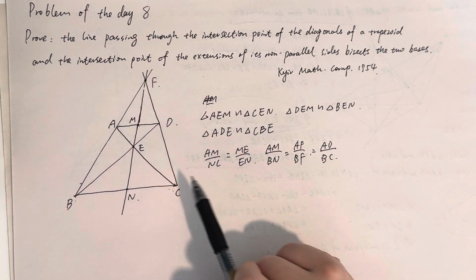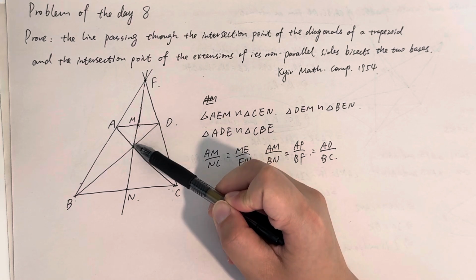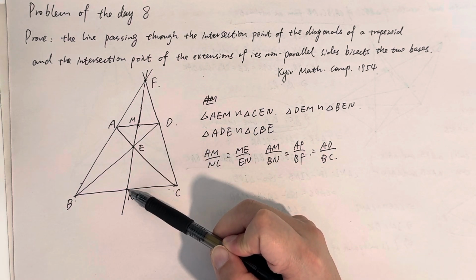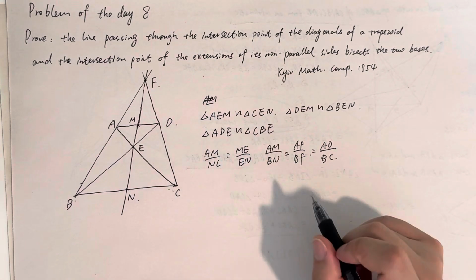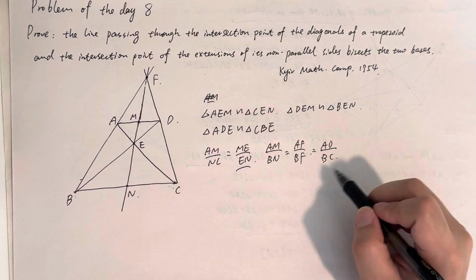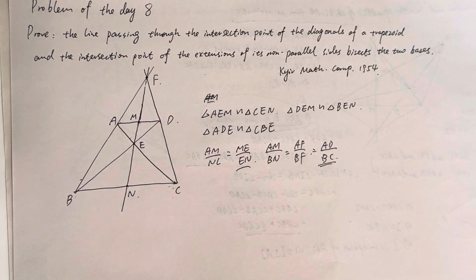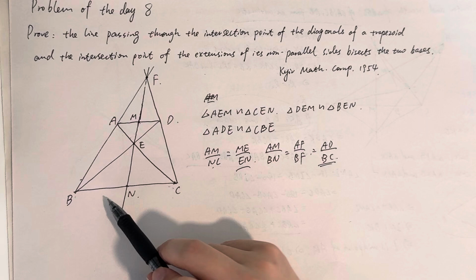So basically we want to prove that ME to EN equals AD to BC, right? Because we want to prove NC equals BN.